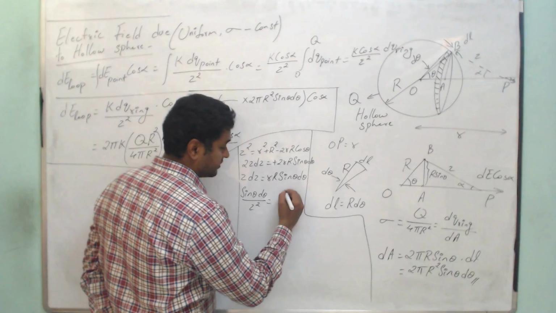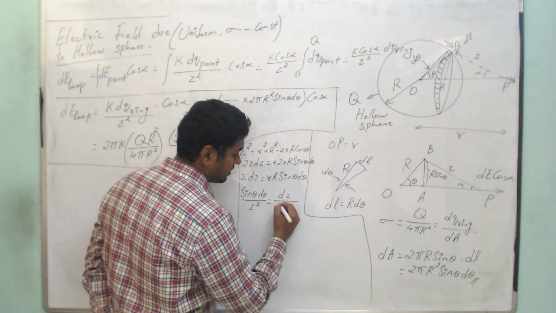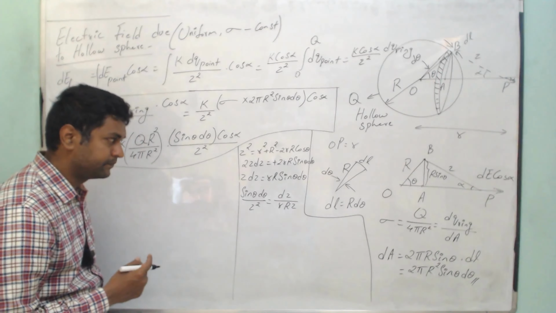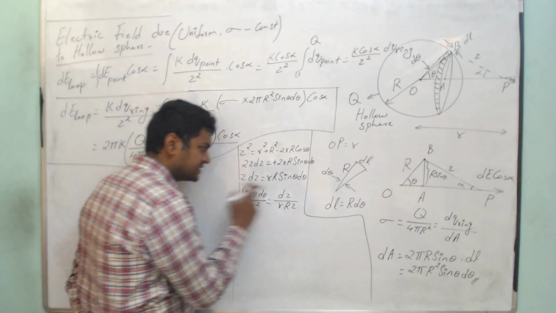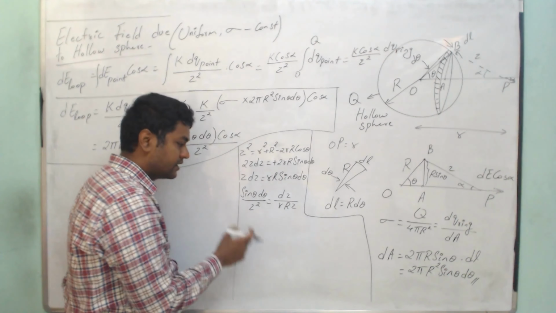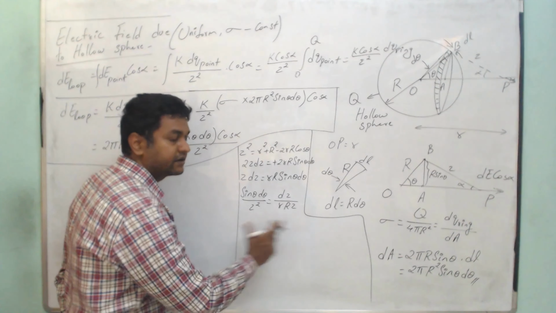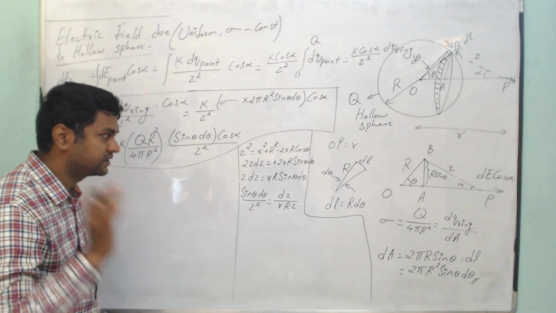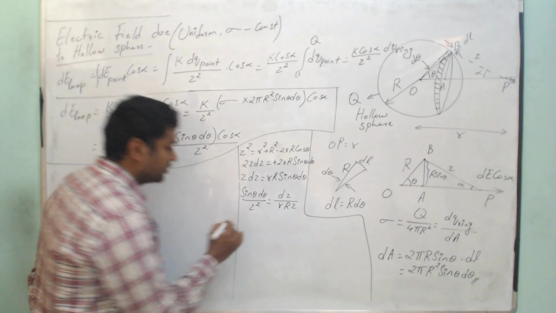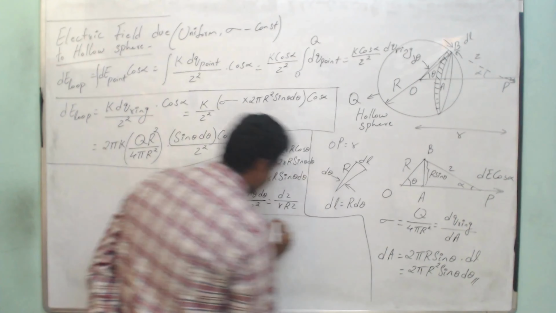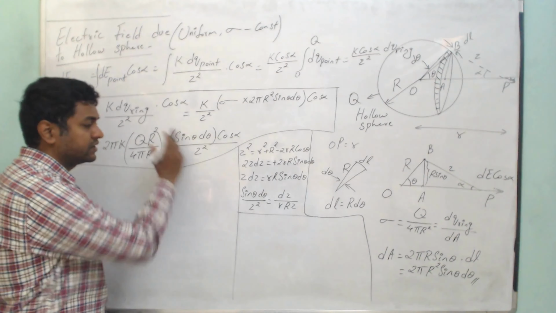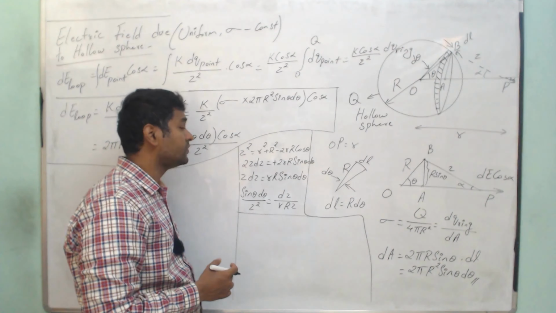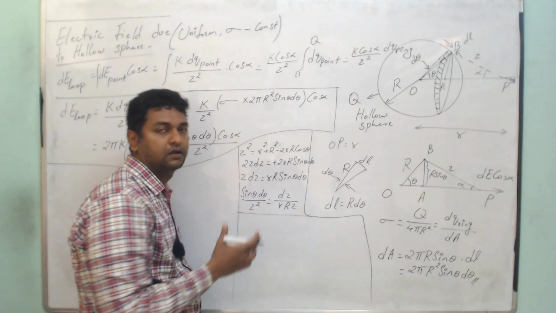I will get dz by r capital R z. Why? One z I will take from here, and the other z I will multiply and divide on both sides. Is it clear? One part is taken care of. Sin theta d theta by z square is basically dz by r capital R z. Next is cos alpha.